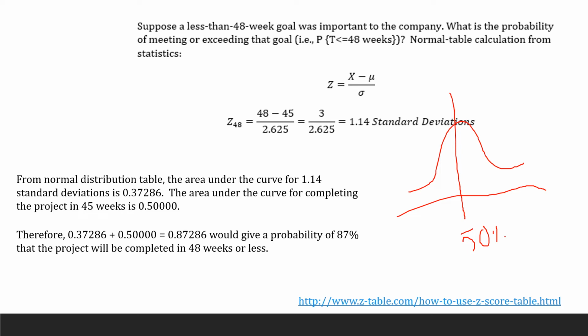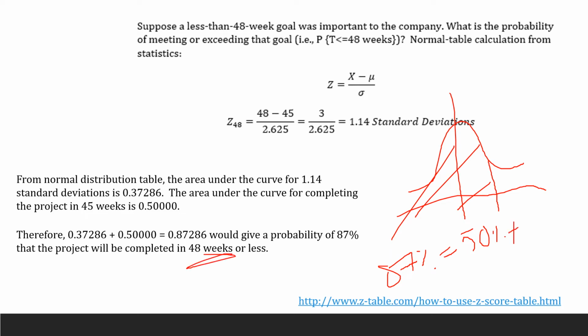From here to here is 50, so I'm going to cut it right here and add that. So you will get 87.286%. So we get 87% of that project is going to complete in 48 weeks.